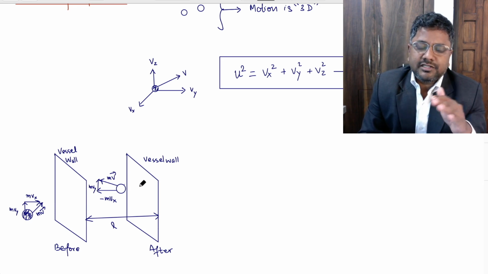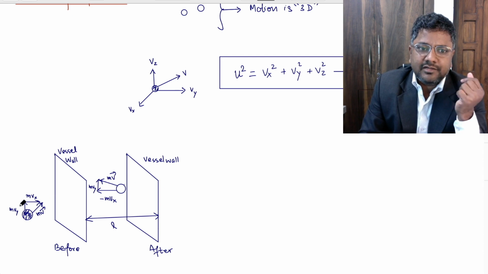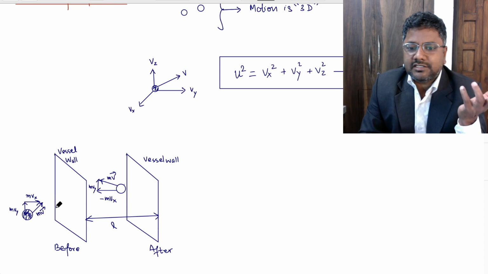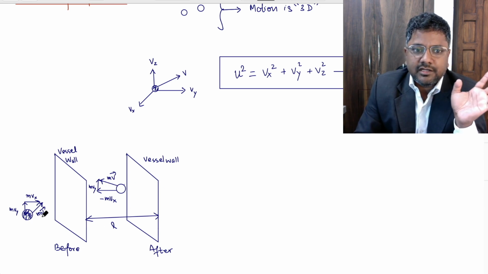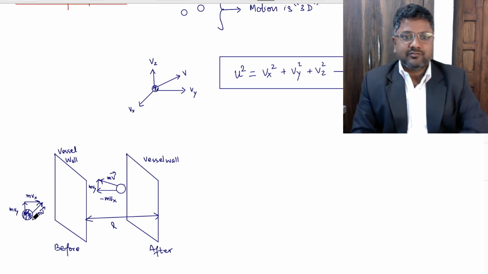So after collision, this will bounce back. These are the components before collision: Vx component, Vy component. I have shown the momentum components here. Mass into velocity is the momentum. So these are the components, the Y component, and this is the X component. I have not shown the Z component here, and this is the momentum of this gas molecule.